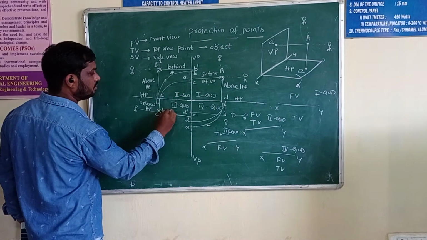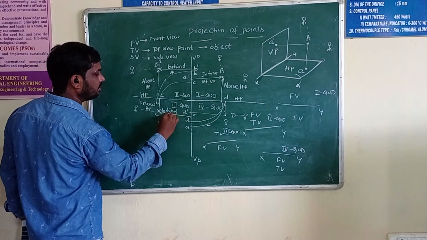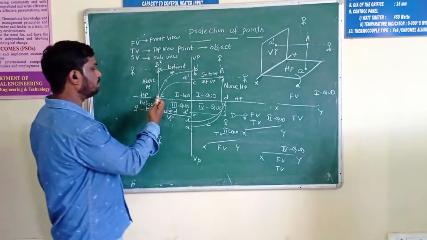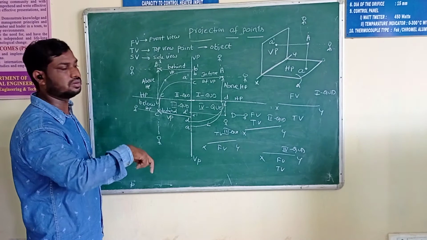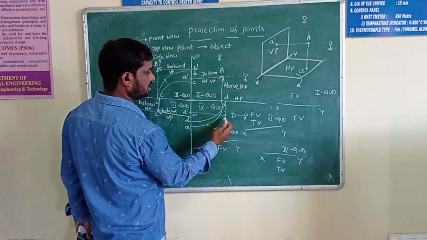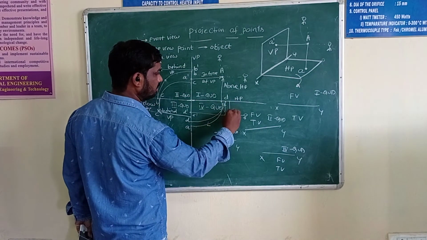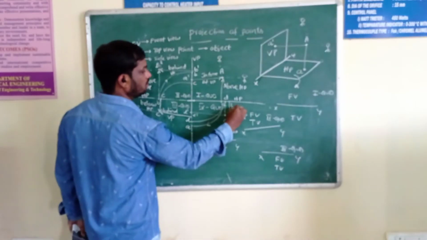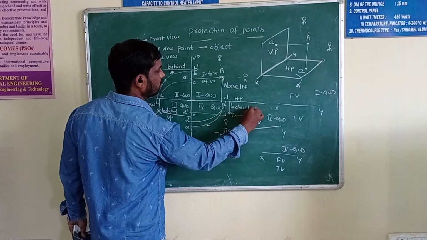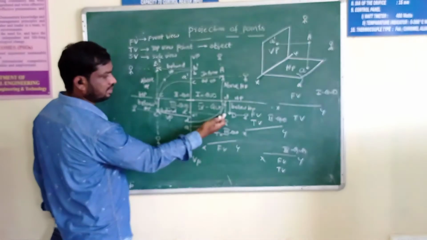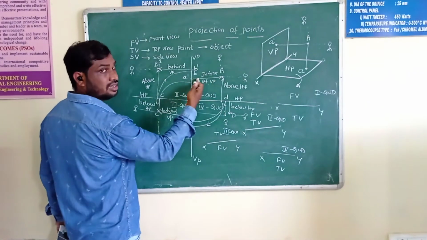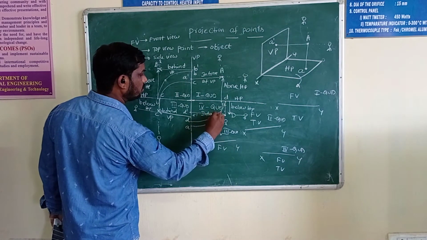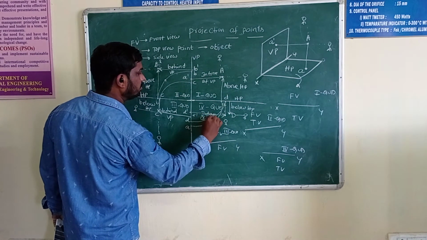So below HP, behind VP means it is the third quadrant. And the last one, the D point: this one is below HP, because it is below. And for the vertical plane, it is what you have taken already, in front, so this one is in front of the vertical plane.